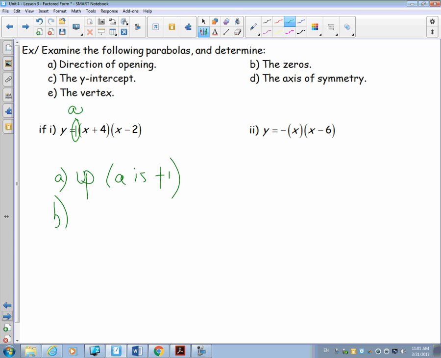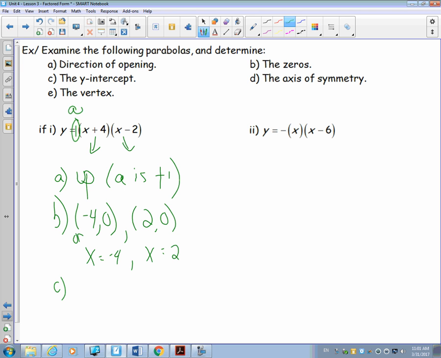The zeros. The zeros are from here and from here. So I change my sign, so (-4, 0) and (2, 0). And I'm okay if you write them as brackets, or if you want to, x is -4 and x is 2. I don't care which version you use. The y-intercept. Now, the y-intercept is not something that you can just look at the equation and write down. You actually have to calculate a y-intercept.